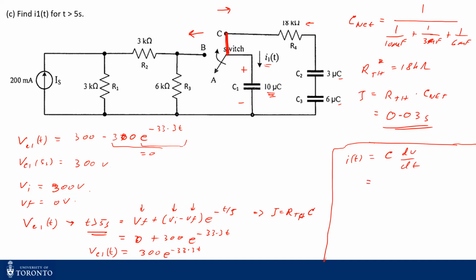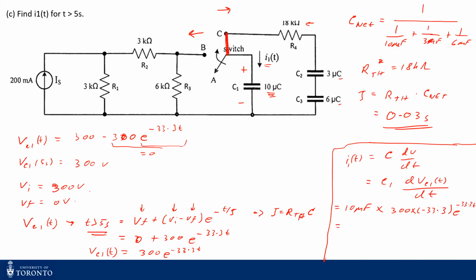So basically, in this case, your I1(t) is the current through C1. So you can plug this as C1, and dV is basically dVC1(t), by dt. Once you plug in all the values, it is 10 microfarad times the differentiation of this, which will be 300 times minus 33.3, exponential minus 33.3 t.